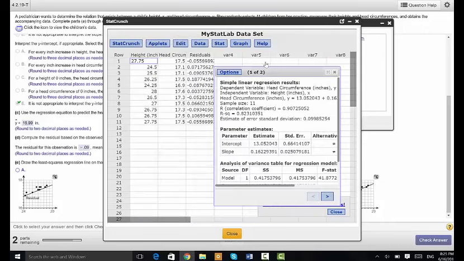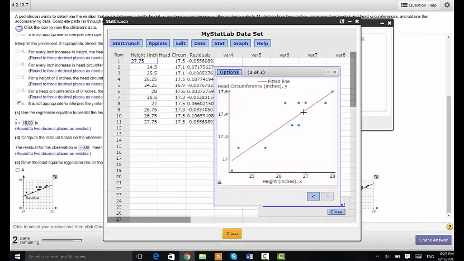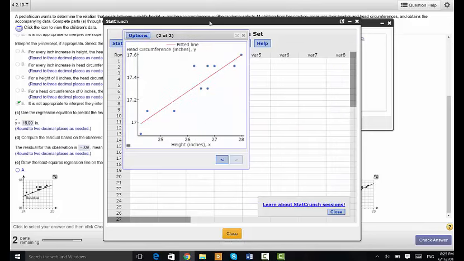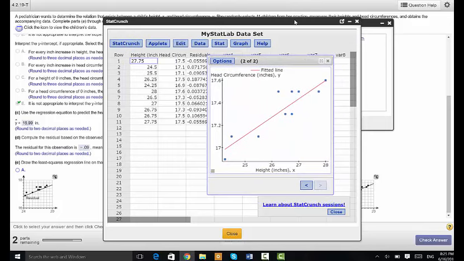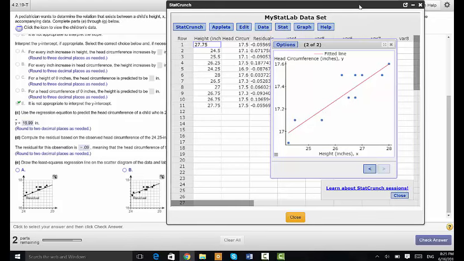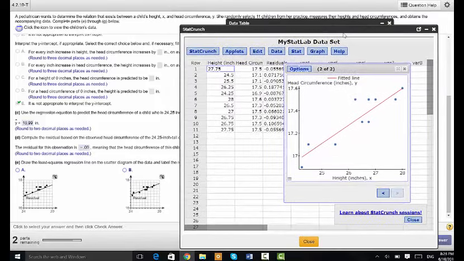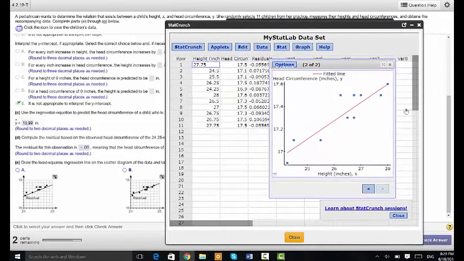Then compute. Notice it gives you 2 pages. The first page is mostly the same as what we had. If you use this arrow button, it gives you the fitted data here. Compare that with your 4 choices and see which one is the closest. Part A, not right.